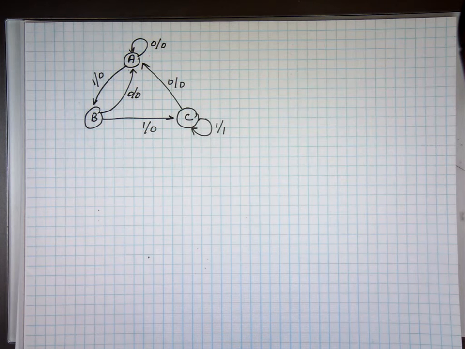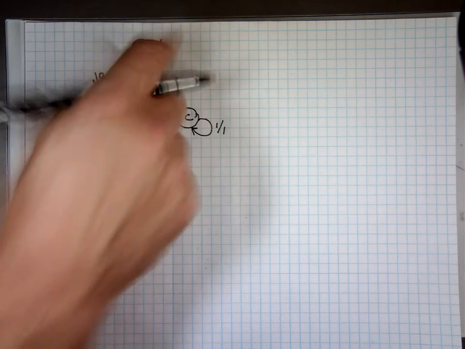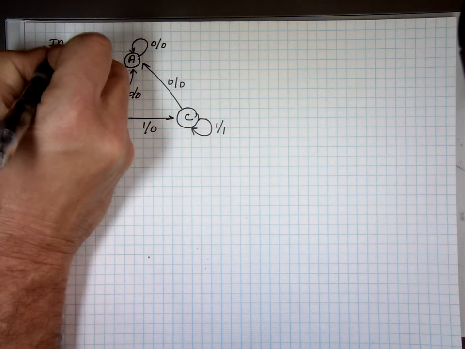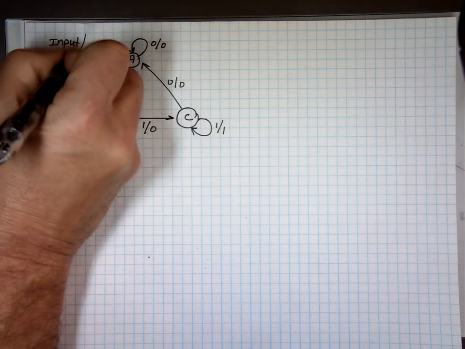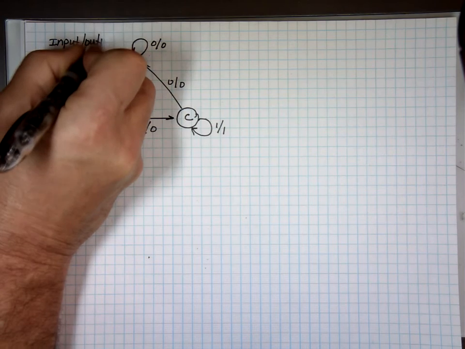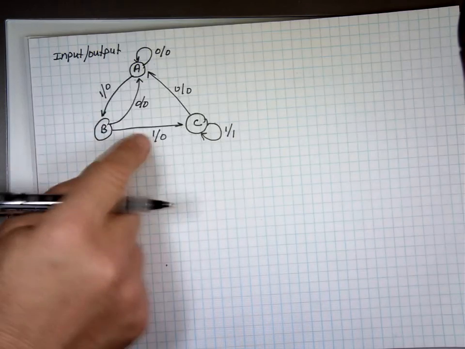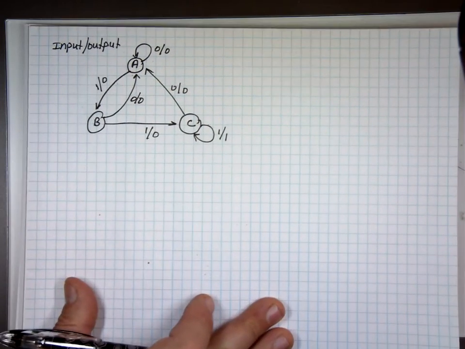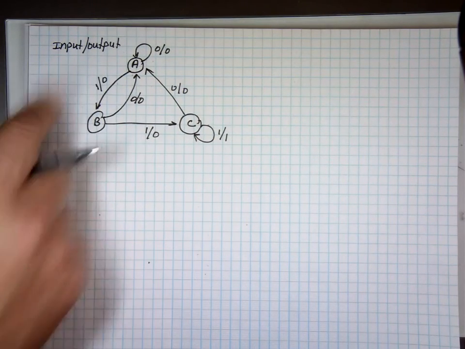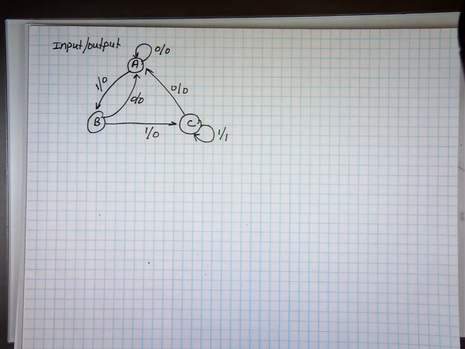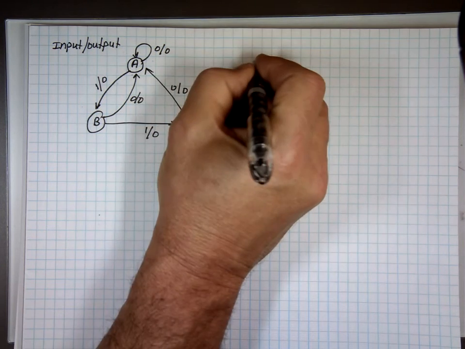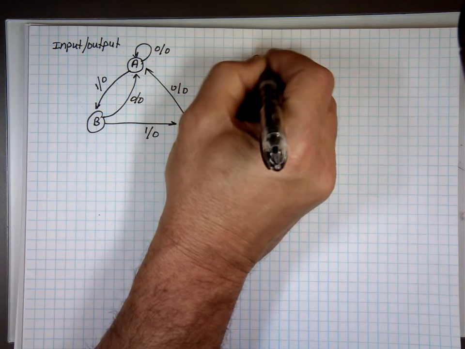Notice we have 3 states and 1 input. These values are actually input slash output, the slash there. The first one that you see is your input, the second one is your output. So we have 3 states with 1 input. That means 6 combinations. 3 times 2 is 6. So I'm going to define Q1 and Q0 as my state.